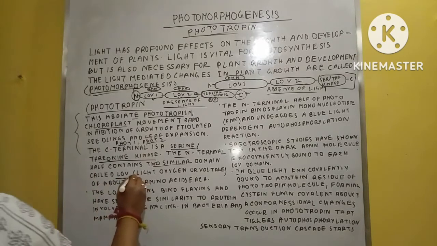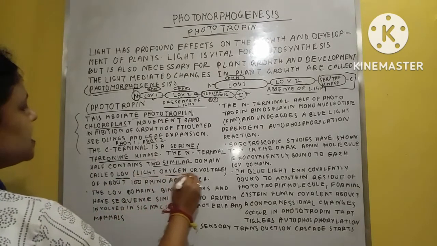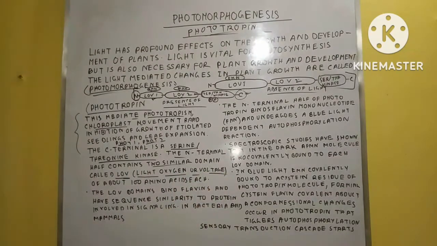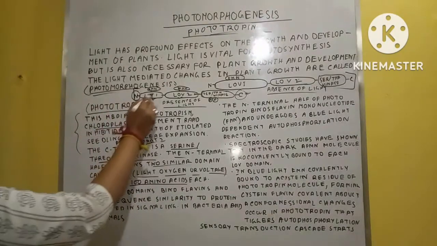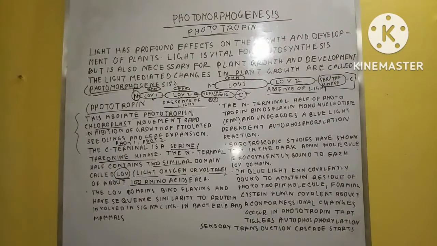LOV stands for light, oxygen or voltage, and each generally contains 100 amino acids. That means LOV1 contains 100 amino acids, and LOV2 also contains 100 amino acids.